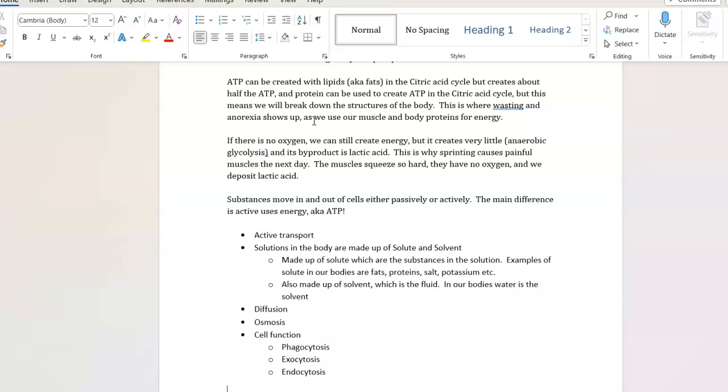Diffusion is basically this. Well, let's define a solution first. So if we have a beaker, we'll be all scientifical, full of salt water, okay? That salt water is a solution.